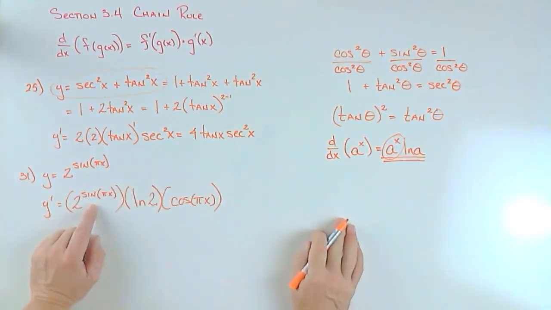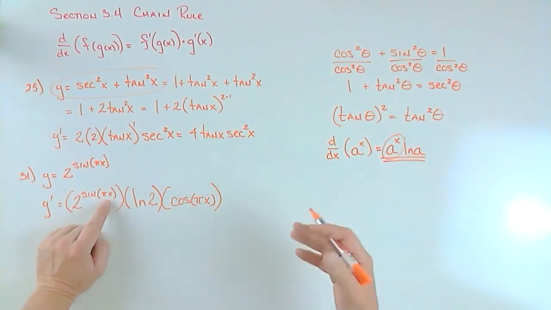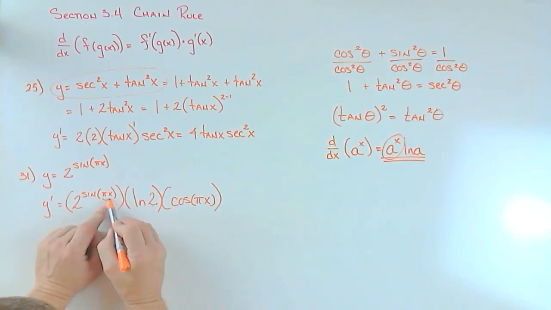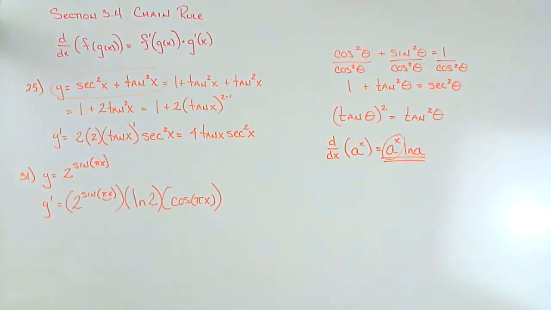But we have to be careful here. Inside the sine is another function. That's not an x, that's a pi x. That's like 2x, 3x, pi x. So we then have to take the derivative of what's inside again. We have a function inside a function inside another function. We have 3 levels on this problem.